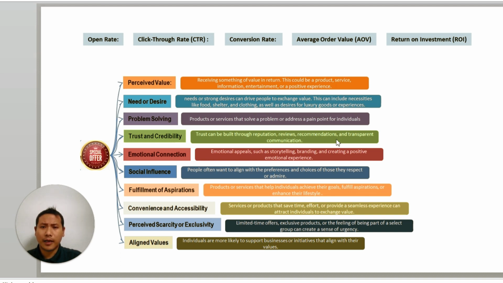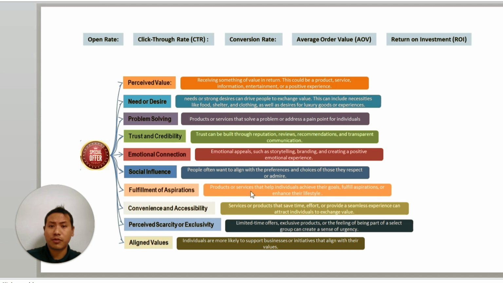So anything that you are doing, if you're doing a course or any product launch or any campaign, just make sure that there are recommendations and there is transparency in the communication as well. Emotional connection: emotional appeals such as storytelling, branding, and creating positive emotional experiences. And the social influence: people often want to align with the preferences and choices of people they respect or admire, right?